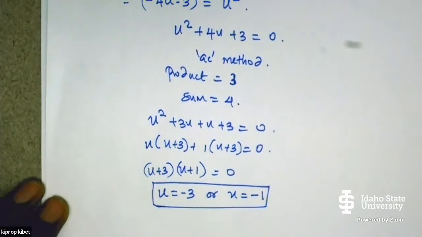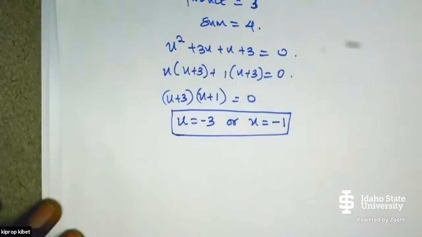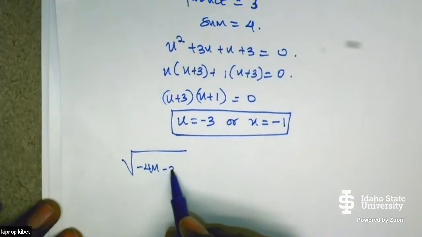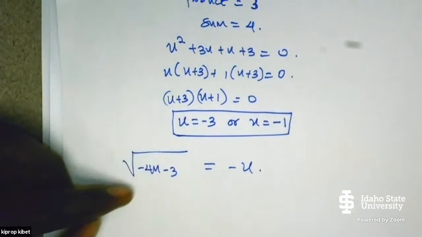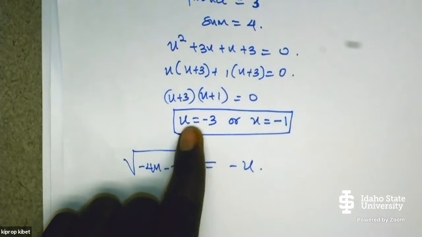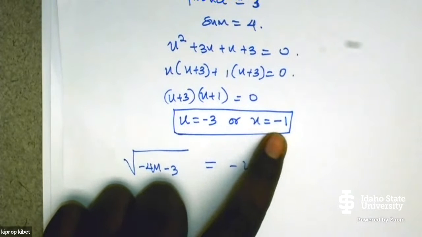Now you want to check whether negative 4u minus 3 equals negative u. Since this one is a square root, you don't have to check it, because the u's are negative.